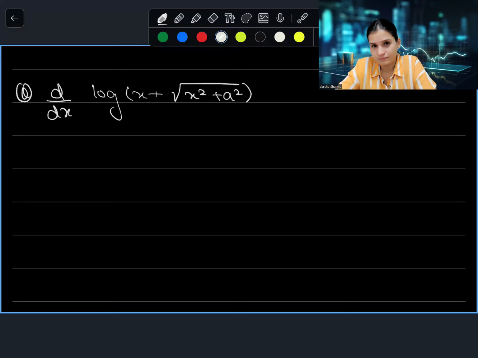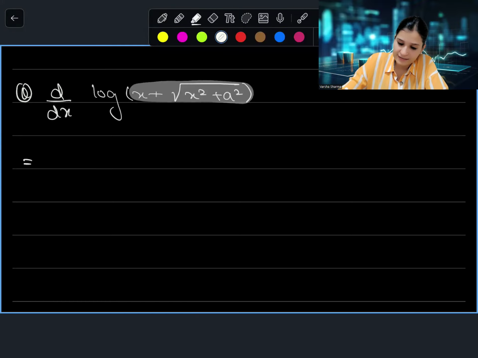And 1 by root of x square plus a square. Very good. Yes ma'am, 1 by root of x square plus a square. First, we'll treat it as log x. Derivative of log x is 1 by x.